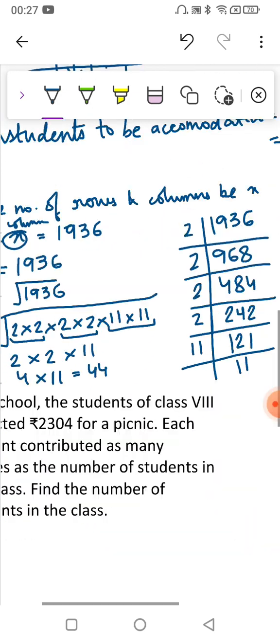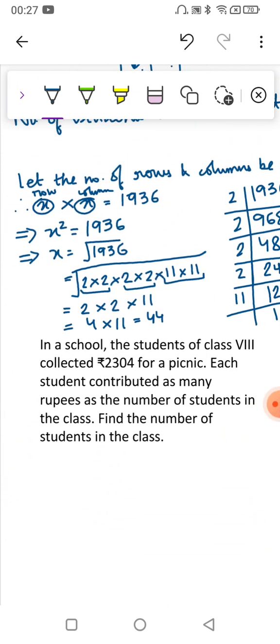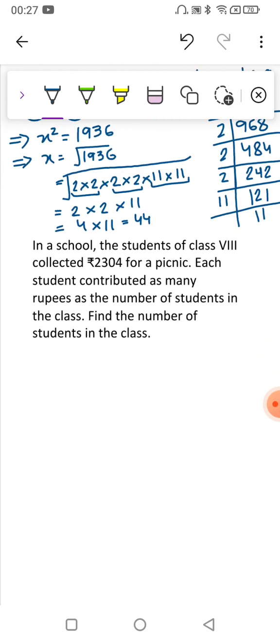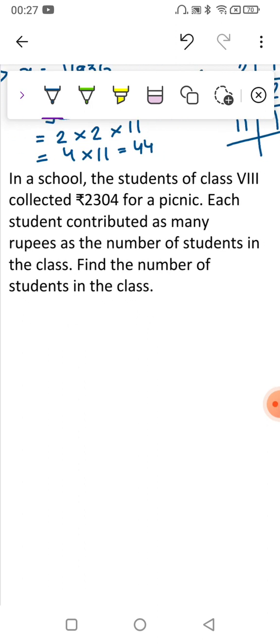Now we'll move to the next question. In a school, the students of class 8 collected 2304 for a picnic. Each student contributed as many rupees as the number of students, which means number of students and the amount contributed both are the same. So we have to find the number of students in the class.